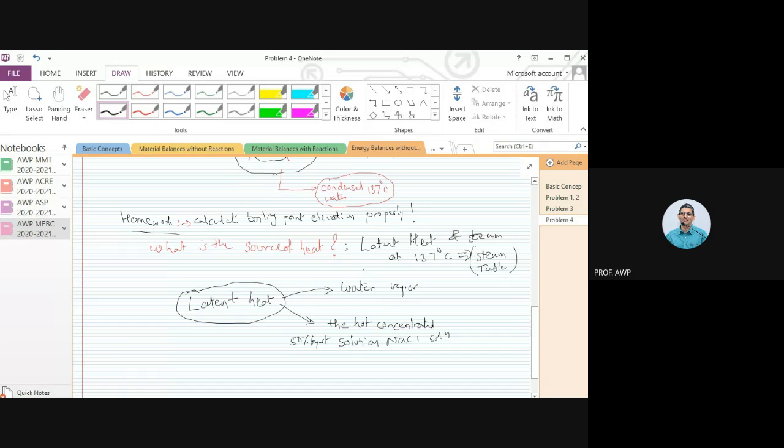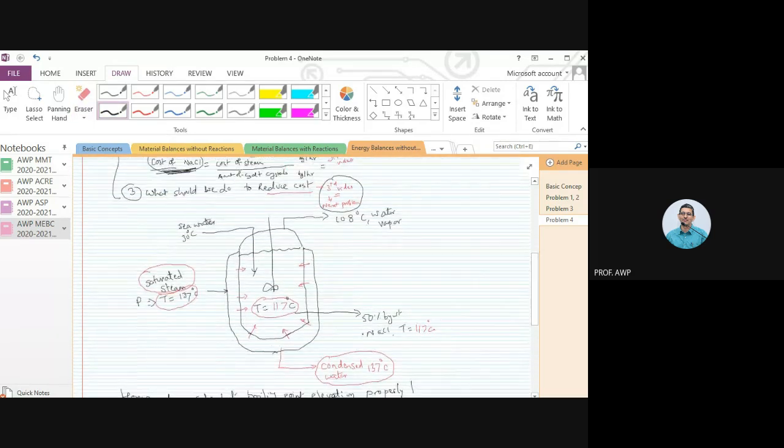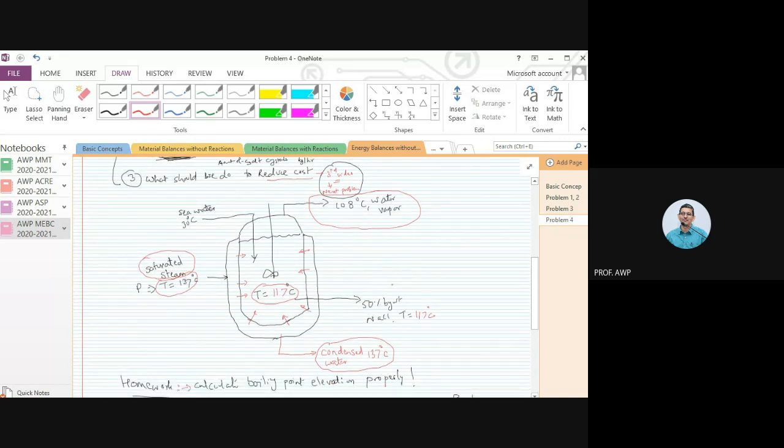Whatever heat we are supplied is going in two places. One is it is going in vaporizing the water, and it is going in this heat, and the 50% by weight solution.